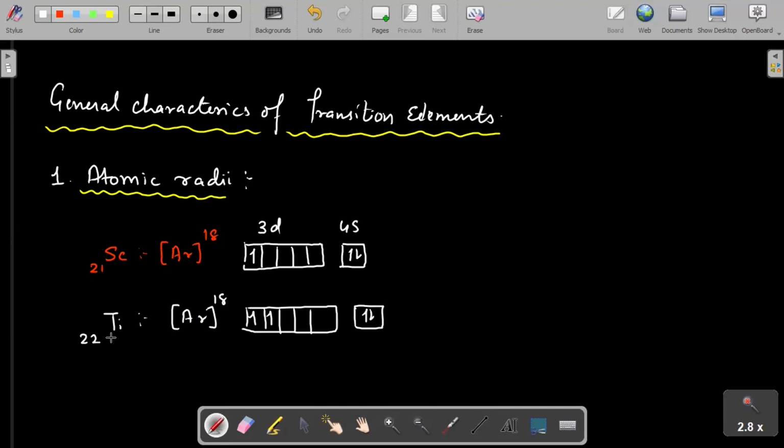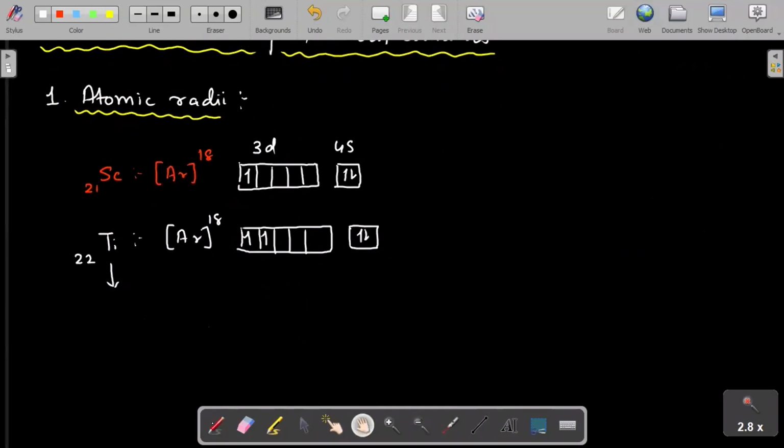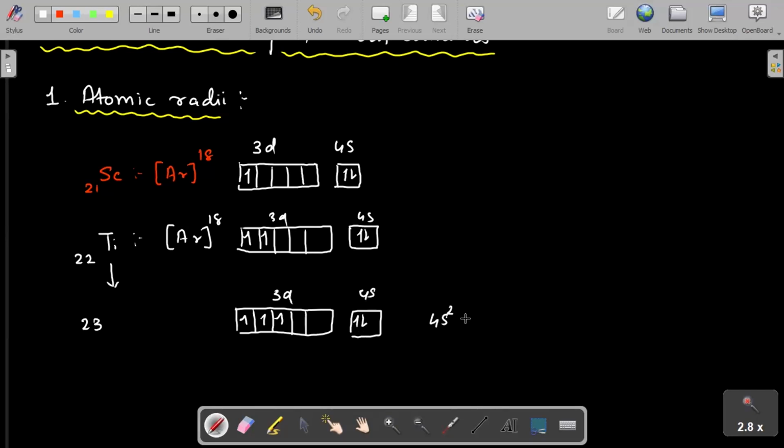Like this, when we go across the period, the number of unpaired electrons in the D orbital increases. Atomic number 23 will have the configuration 4s2 and 3d3.